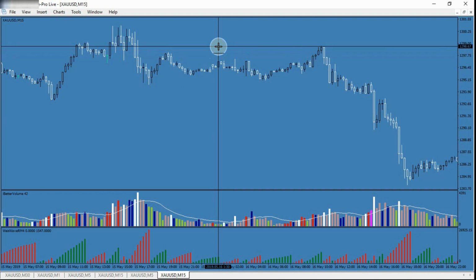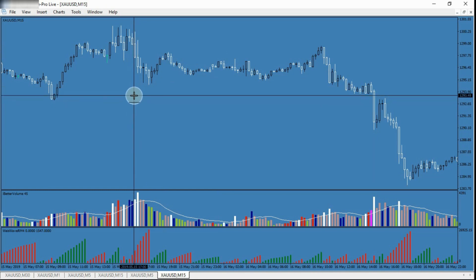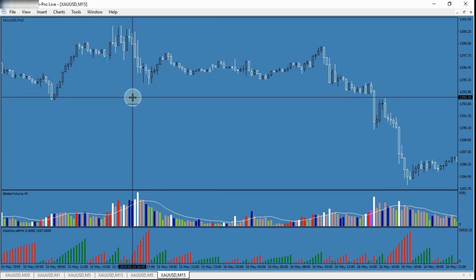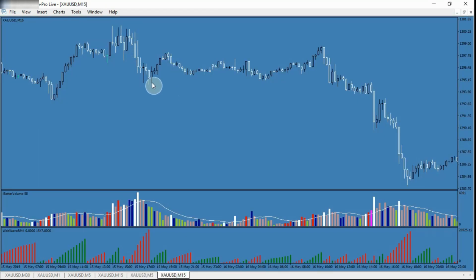Price comes near the absorption, near right where it initiated. So if we look, this is the 1645 candle, where the aggressive bids come in and price makes a big move to the downside, right?